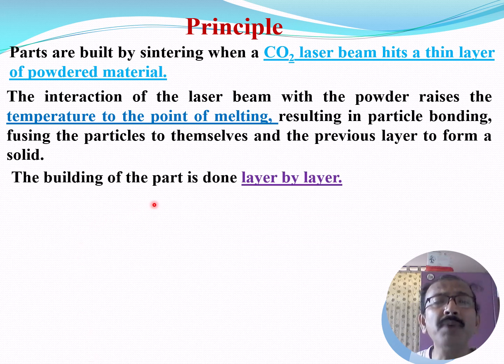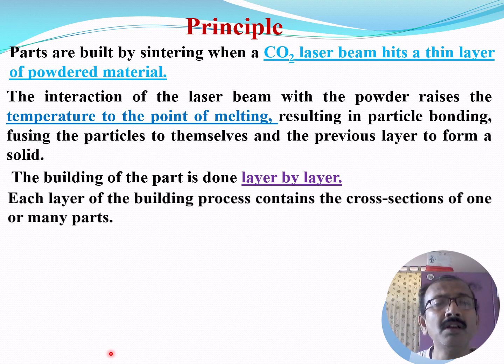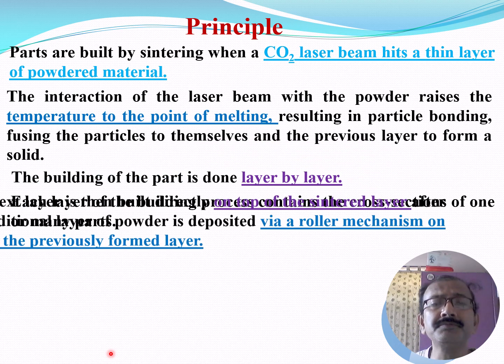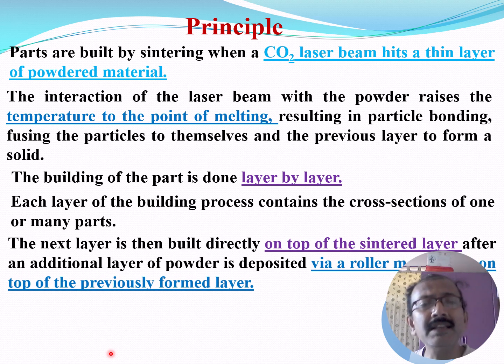The building of the parts is done layer by layer. Each layer of the building process contains the cross section of one or many parts. The next layer is then built directly on top of the sintered layer after an additional layer of powder is deposited via a roller on top of the previously formed layer.